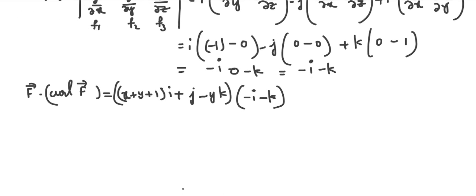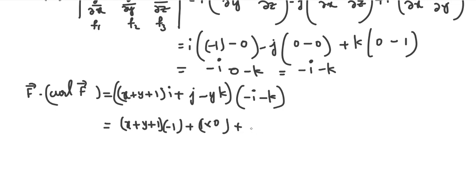Yeah. Now while calculating the dot product, we need to multiply the coefficient of i first. Here the coefficient of i is x + y + 1, and here the coefficient of i is -1, right? Plus, let us multiply the coefficient of j. Here the coefficient of j is 1, here the coefficient of j is 0, right?